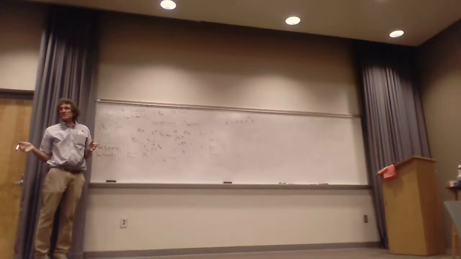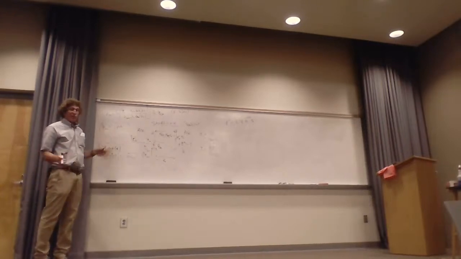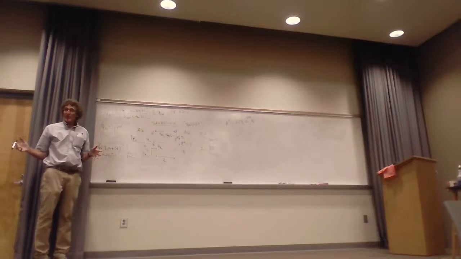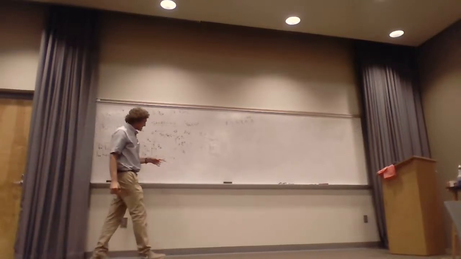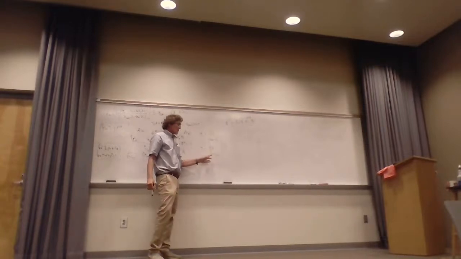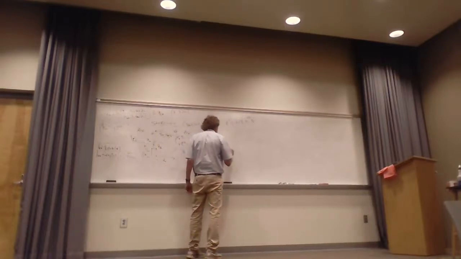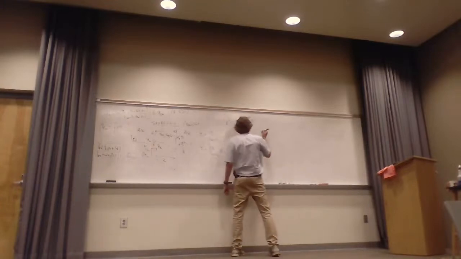Eta naught is about 377 ohms, with me? That's 120 pi. Eta shield is almost always less than an ohm, tenths of an ohm. And therefore, I have 2 times eta naught over eta naught plus almost nothing, it's really just 2 eta naught over eta naught, or 2. And that's the truth. So that second one is about 2.